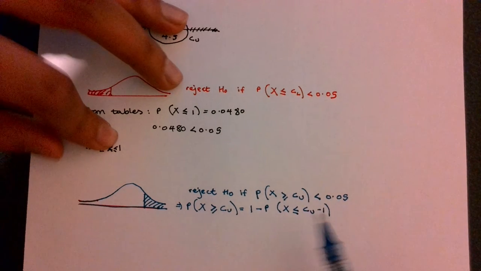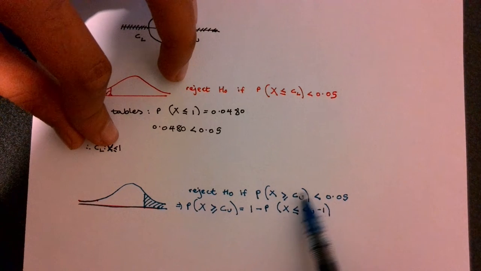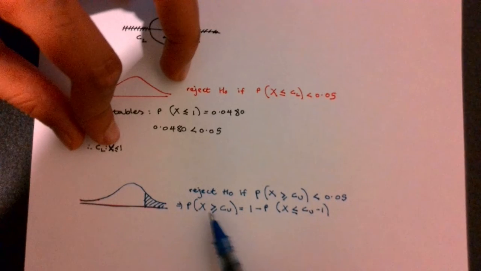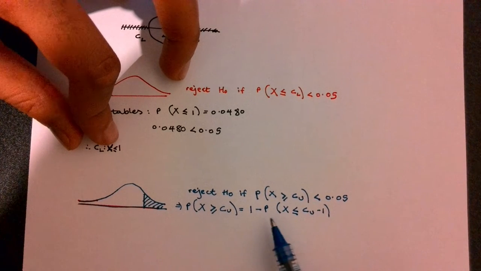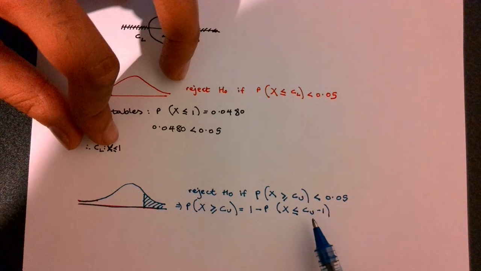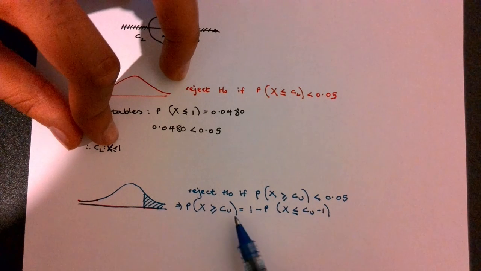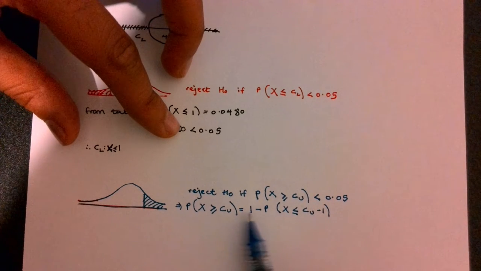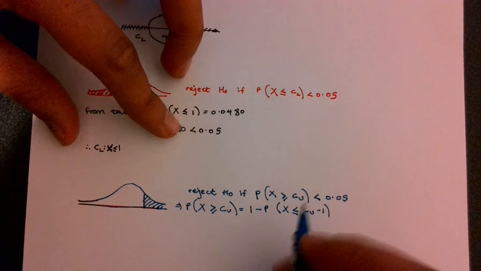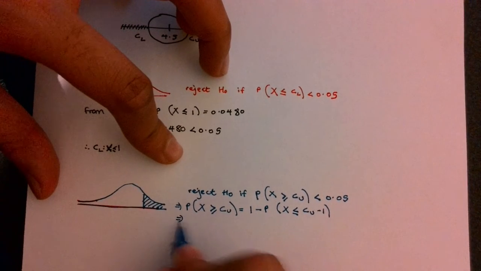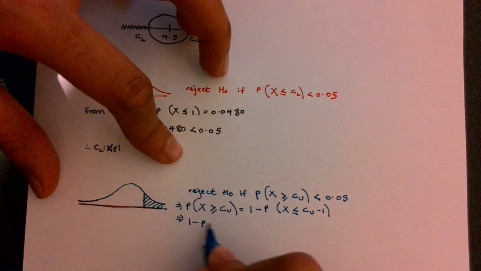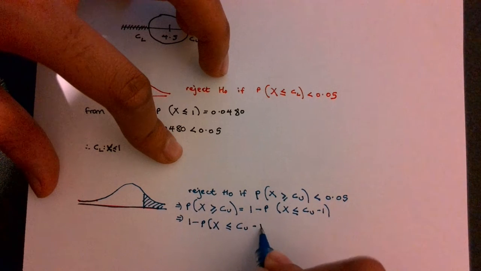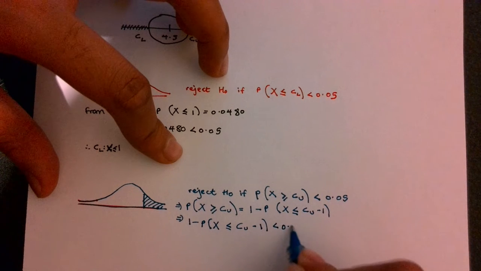Okay, and the reason we subtract 1: say this value is 20 for example, then the probability that x is greater or equal to 20 would be 1 minus the probability that x is less than or equal to 19, and remember 19 is 1 less than 20. So essentially we have to flip this condition, and 1 minus the probability that x is less than or equal to Cu minus 1 is less than 0.05.